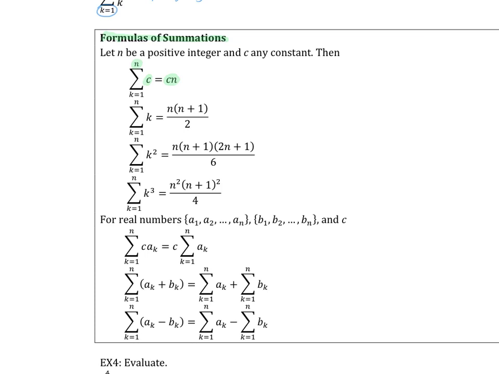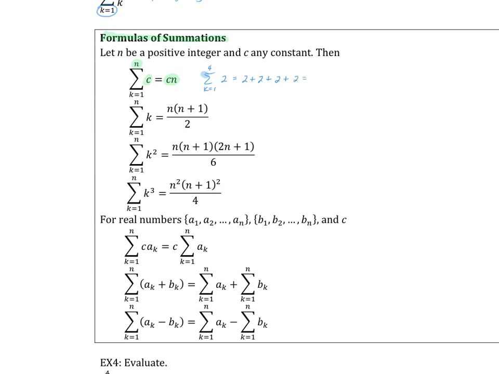So for example, if I was going to sum from k equals 1 to 4 of 2, think about what that's saying. Notice that there's no k value in this summation, it's just the number 2. So when k is 1, I have 2, plus when k is 2, it's still just 2, plus when k is 3, it's 2, plus when k is 4, we have 2.